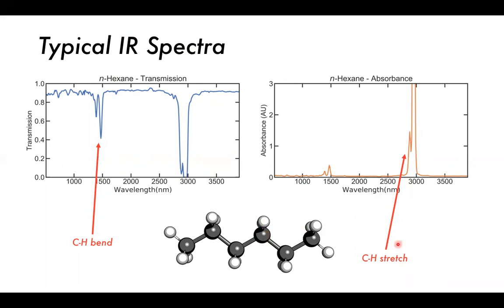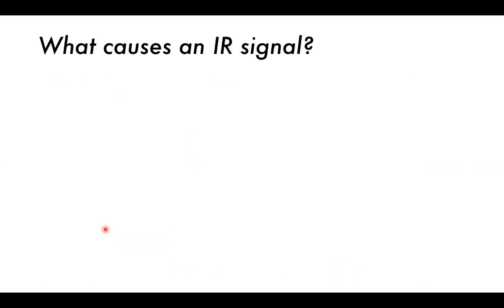A stretch is kind of like the atoms moving closer and further away from each other, and the bending is kind of a twisting. And so we end up with different wavelengths for those different transitions, different wave numbers.